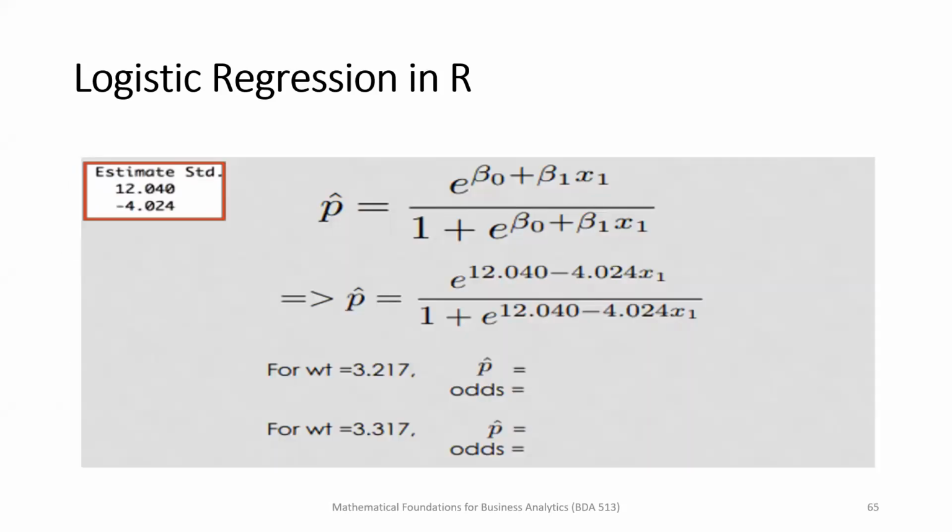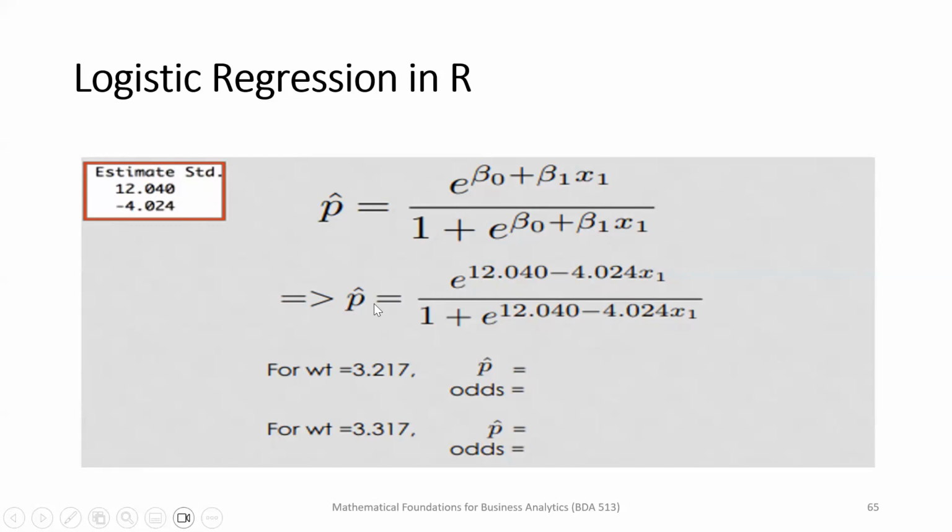We know that the probability for logistic regression is Euler raised to the power of the regression equation over 1 plus Euler raised to the power of the regression equation. So once we know the estimate, we plug that in.